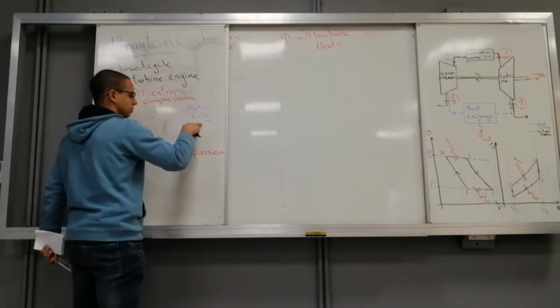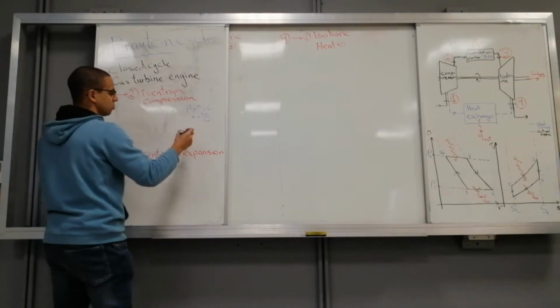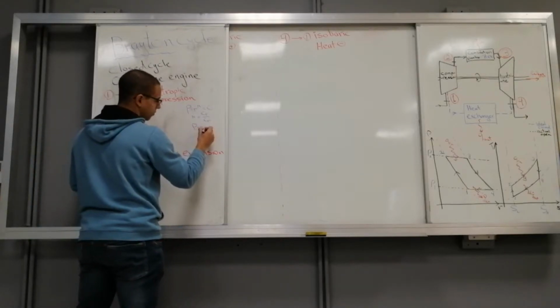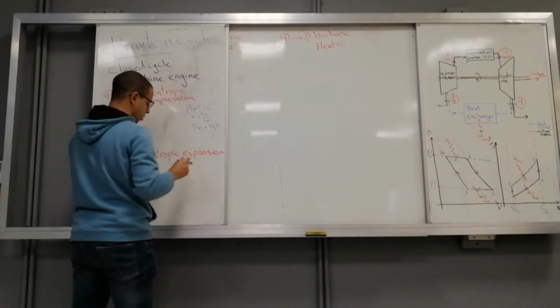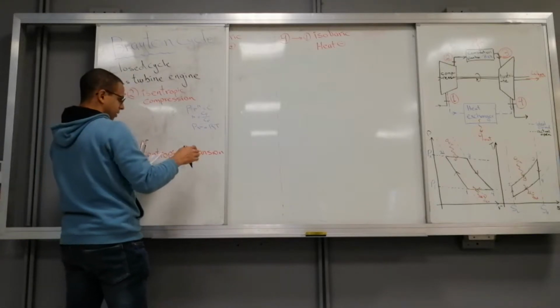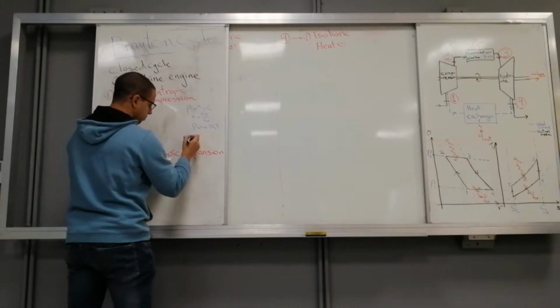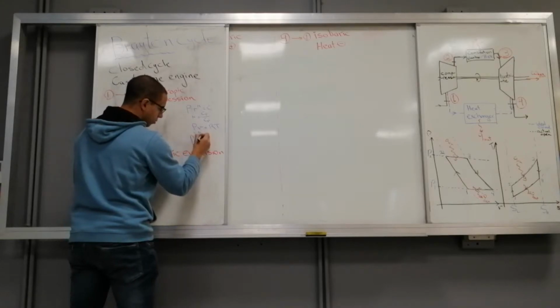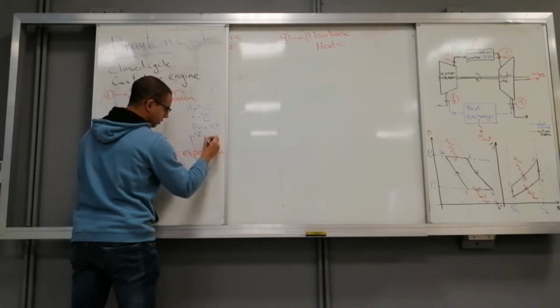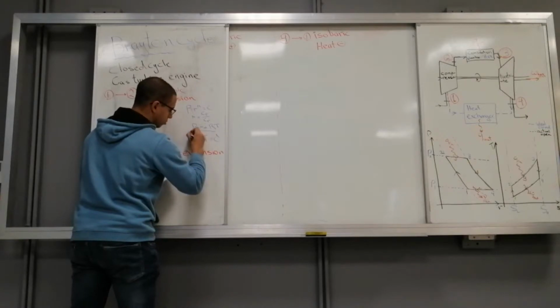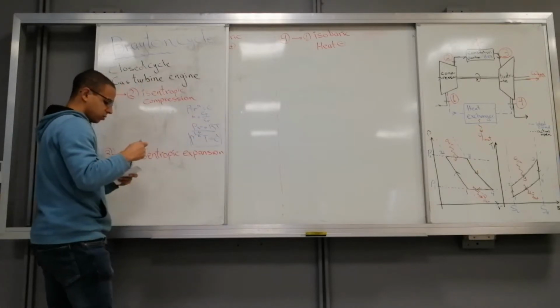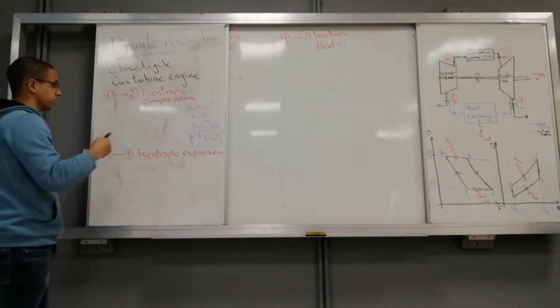And substituting using the ideal gas law, PV equals RT, we get a very important relation, which is P to the power (1 minus K)/K times T equals another constant. This one is the one we're going to use during this analysis.